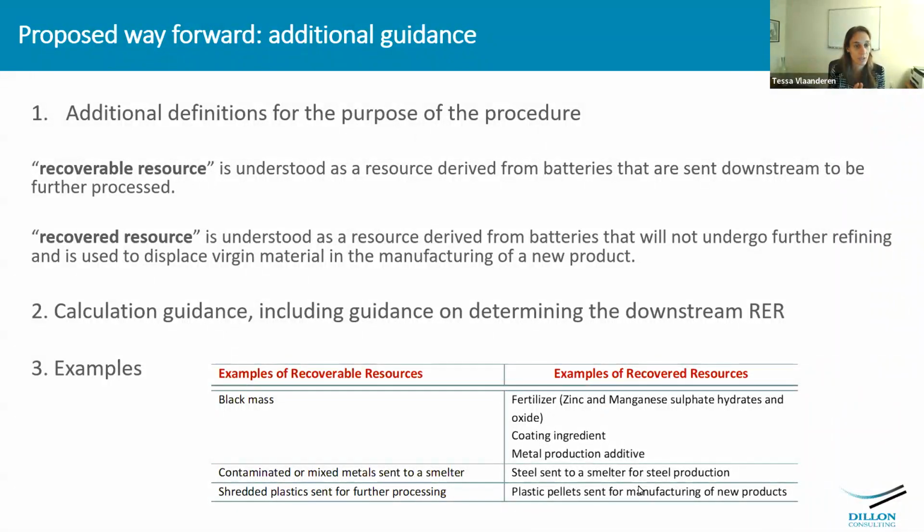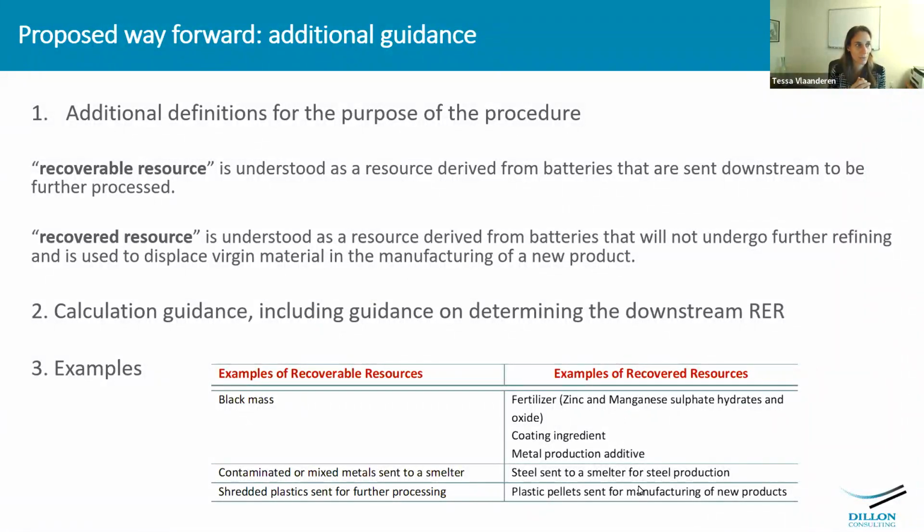We have also clarified what we mean by recovered resource, which is understood as a resource that is derived from batteries that will not undergo further refining and is used to displace a virgin material in the manufacturing or in the use of a new product.